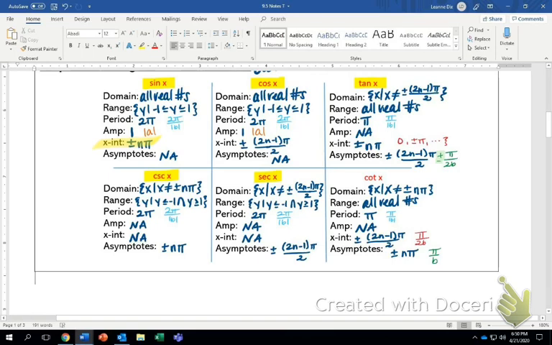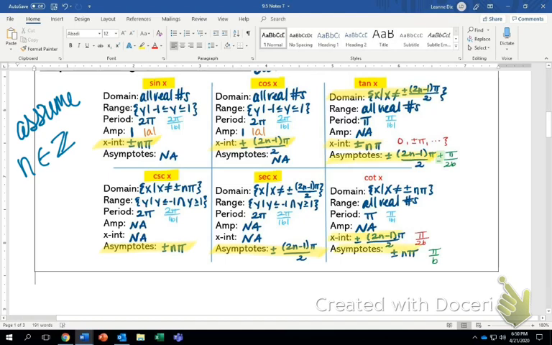Our x-intercept follows positive or negative n times pi, and we are assuming that n belongs to, that's what the symbol means, an integer, or that n is an integer. Remember, integers are positive and negative whole numbers, including 0. That is the assumption, and as you can see, that n pops up everywhere, because it's a nice way to have a general idea of what is going to happen.